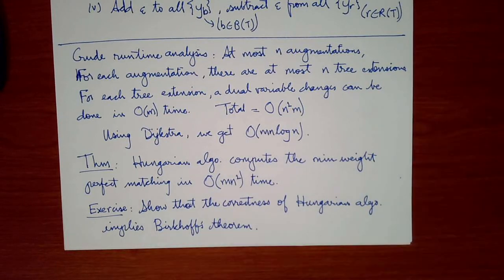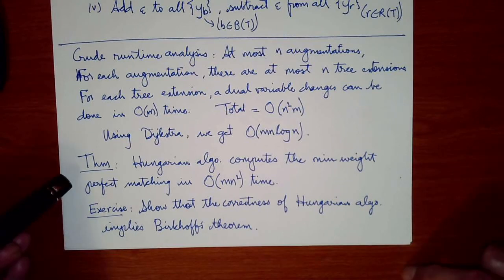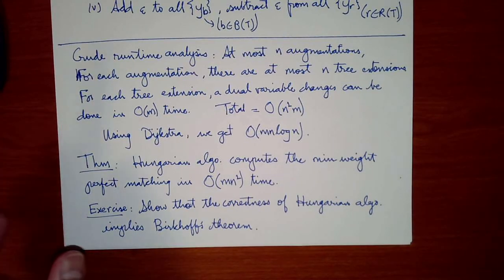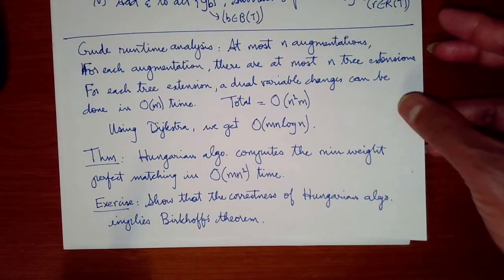It turns out that the correctness of the Hungarian algorithm is itself a proof of Birkhoff's theorem, although a rather complicated one, and there is a much simpler proof of Birkhoff's theorem that I will state right now.